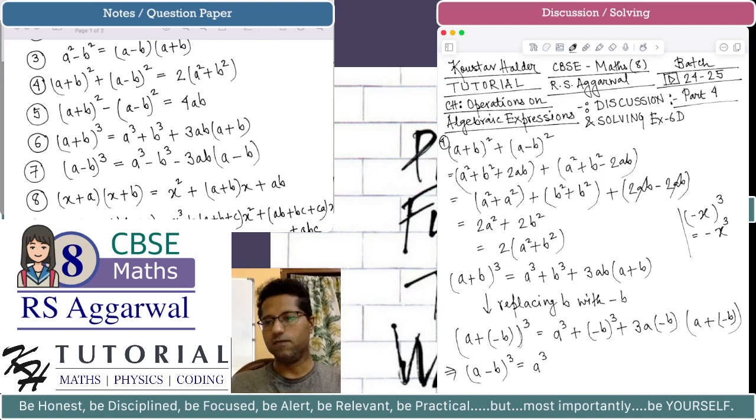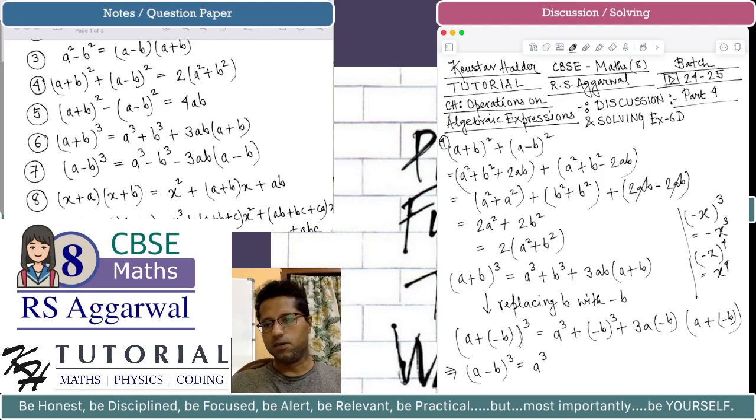If the power was even, any even positive integer, or any even integer, let's say 4, you can ignore the negative sign, this is equal to x to the power 4. So this you know.